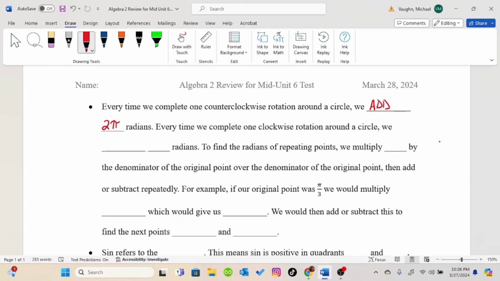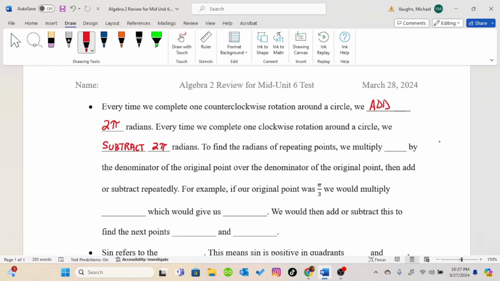On the other hand, every time we complete one clockwise rotation around a circle, we subtract 2 pi radians. Again, 2 pi radians is one full circle, but if you're moving clockwise, then that is minus 2 pi.